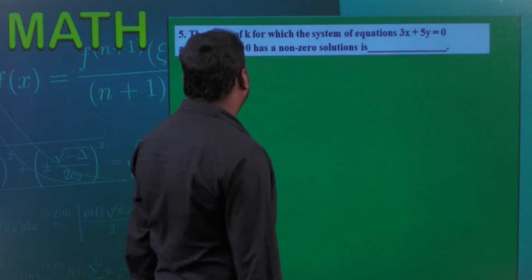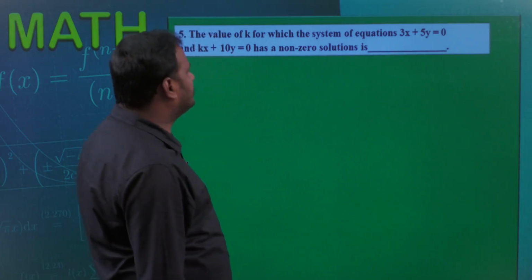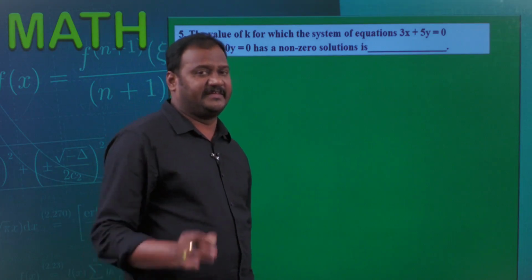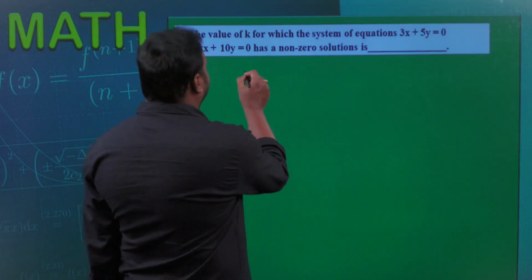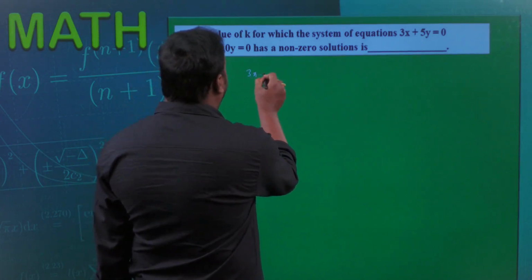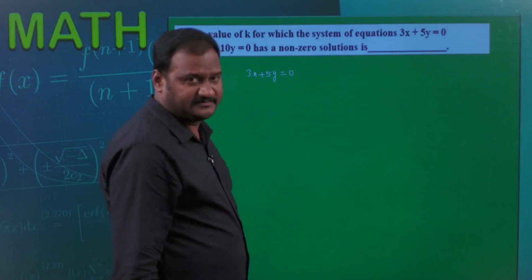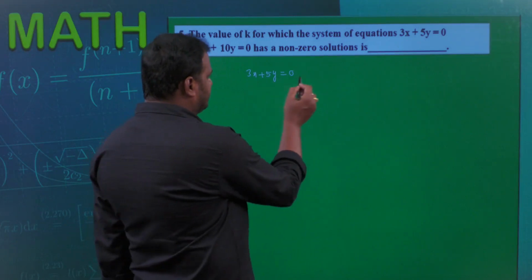The next problem is: the value of k for which the system of equations has non-zero solutions. Non-zero solutions means definitely there is a unique solution. The given equation here is 3x plus 5y is equal to 0, passing through origin, because it has an x term as well as a y term.